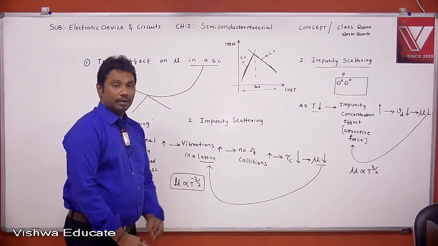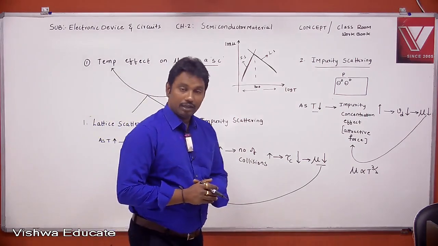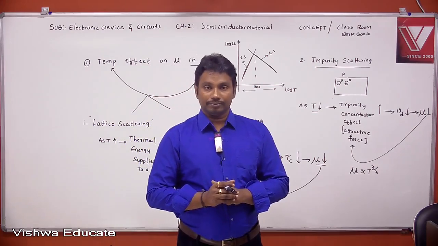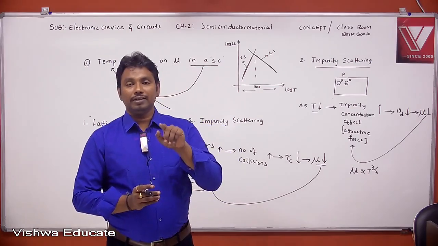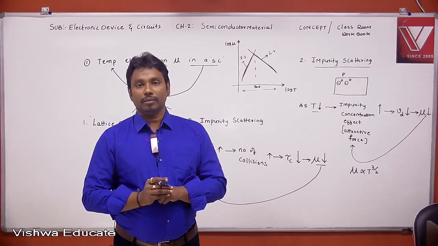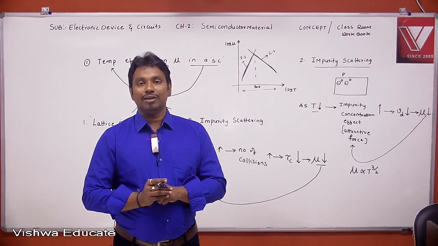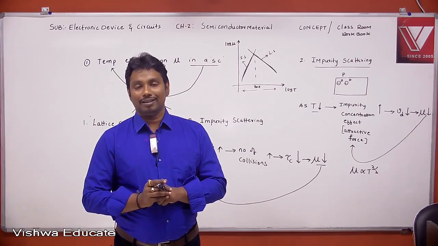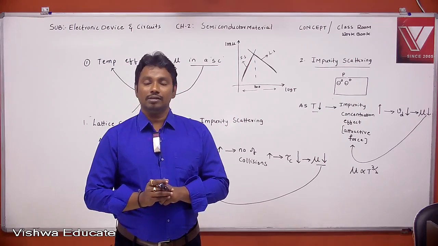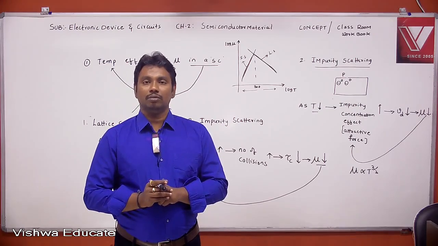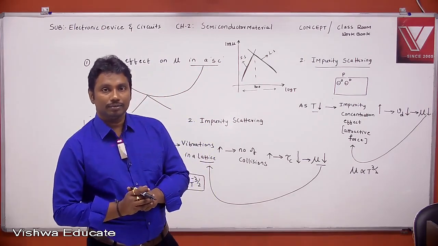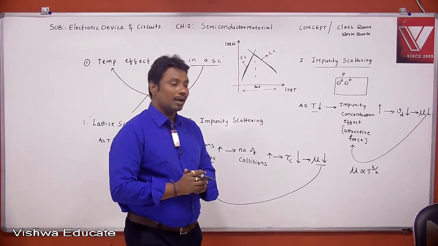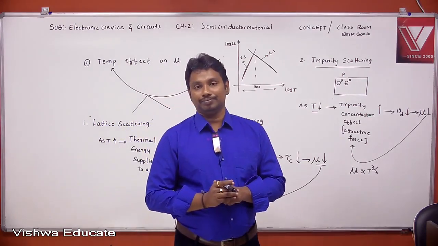Next heading, observation. In a semiconductor, if temperature is increased or decreased, then mobility is decreased due to both lattice scattering and impurity scattering.